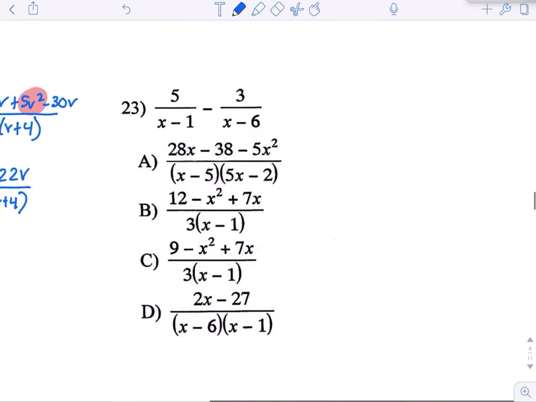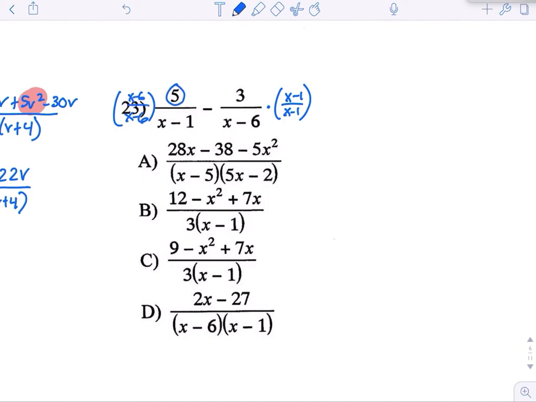23. Okay, so this one is missing this denominator, right? So that means to get the same common denominator, we need to multiply top and bottom by x minus 1. And on this side, this one is missing this denominator, right? So to get the same, we gotta multiply top and bottom by x minus 6. Sorry if it looks weird.